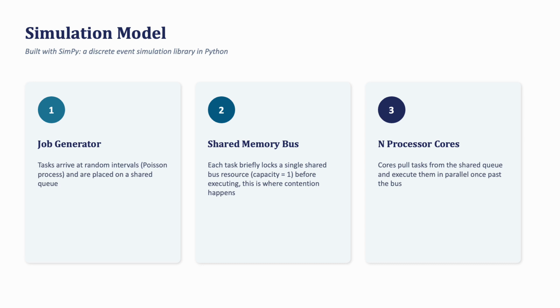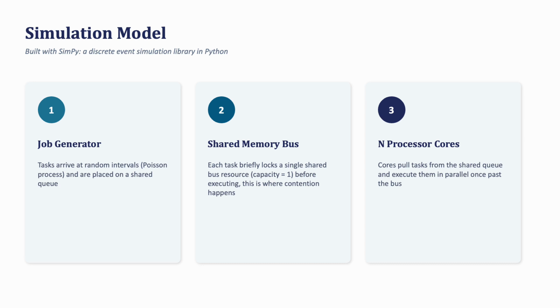This will jump into the next part of the model, which is the shared memory bus. Before any task executes, it has to acquire the shared memory bus, and it's modeled with a capacity of 1. So this is where all the contention happens, what this whole big question I'm asking is about.